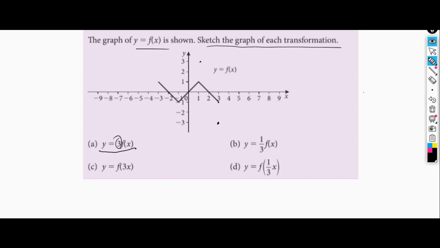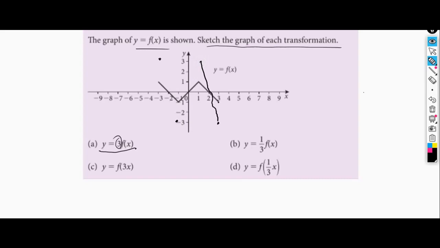Negative 1, negative 1 would now become negative 1, negative 3. And then finally, negative 3, 1 would become negative 3, 3. So you do that, and now we would be ready to join those dots to see the graph of this function, which would now be stretched by a factor of 3.